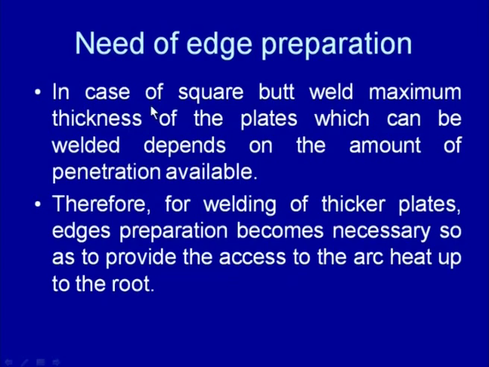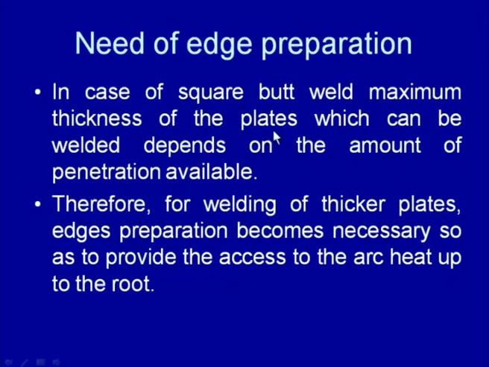And so, in case of the square butt weld, the maximum thickness of the plate which can be welded depends upon the penetration which is available. For example, if we are just putting the square edges of the plates to be welded together by fusion of the edges, then the depth up to which the plates can be welded will be governed by the heat that is being applied for melting the faying surfaces.